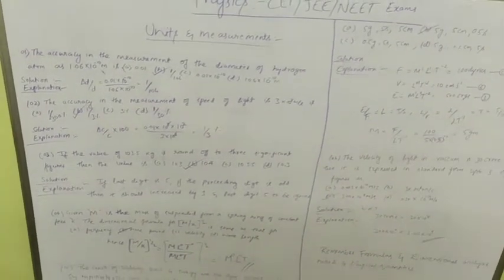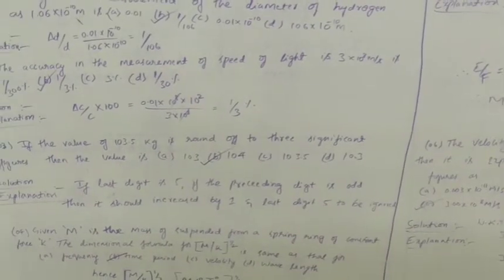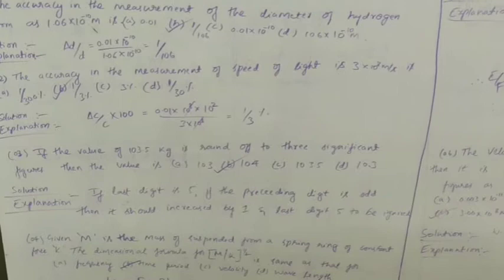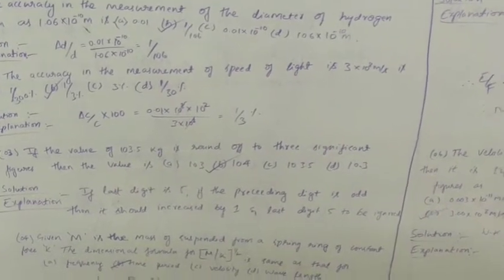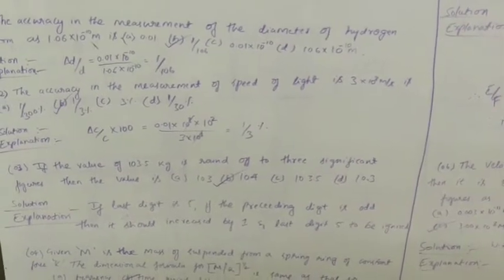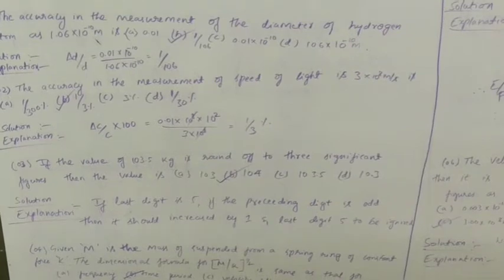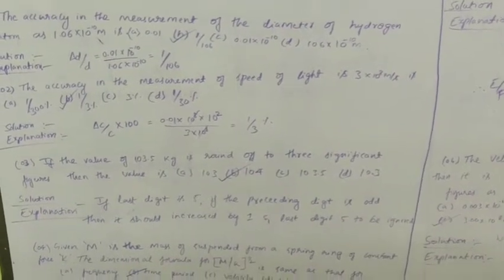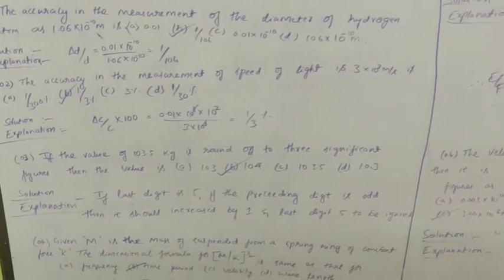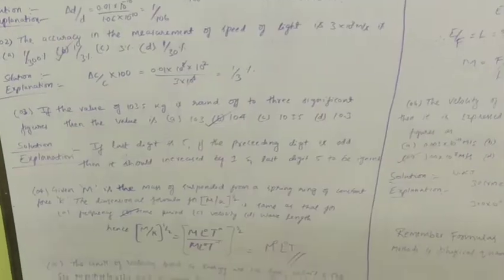By applying this formula, 0.01 × 10 raised to 8, and the 100 can be written as 10 raised to 2. What we have written, 0.01 × 10 raised to 8, is constant, and the given term is the speed of light. After cancellation we got 1 divided by 3%.